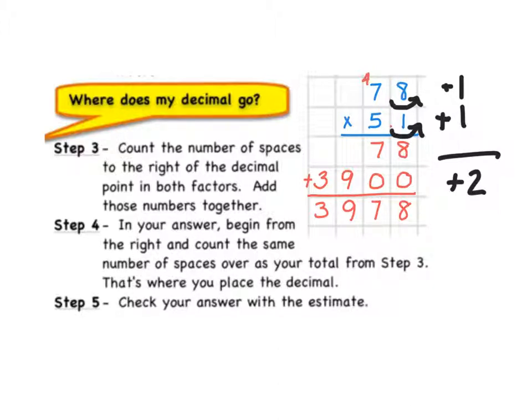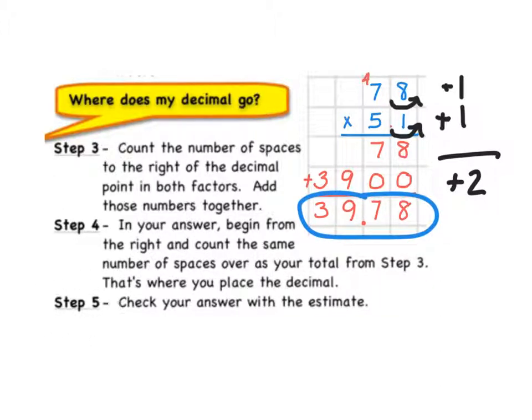That's where you will place your decimal. So if I look here, I have 2 places over here, but I'm going to start just to the right of my number, and I'm going to count over 1, 2 spaces, and that is where I'm going to place my decimal. So in this case, my answer would be 39 7/78.